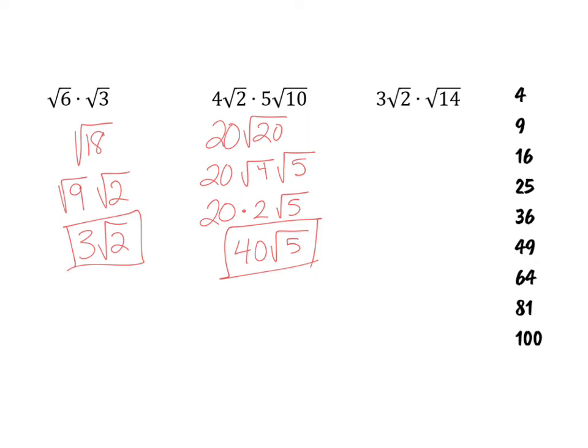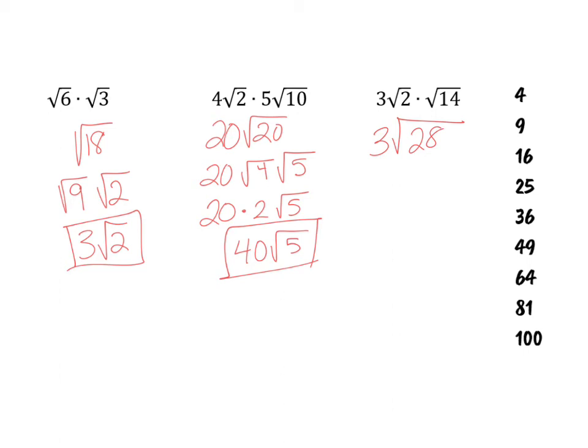All right, you have one more to do. Multiply these together and then break down the radical. Right, there is no coefficient on the second radical, so I assume it's a 1. So it's just going to become a 3. Square root of 2 times 14 is 28.